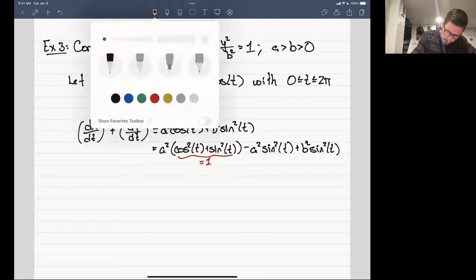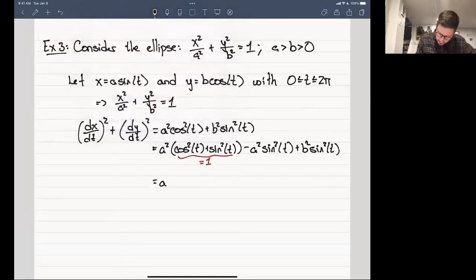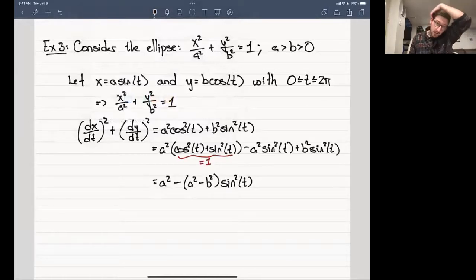And so what we get here is equal to a squared. And then, now this is just convention, this is written as a squared minus b squared sine squared of t. So I put the subtraction sign in there. And now, the reason I did this is because this is what mathematicians typically do.